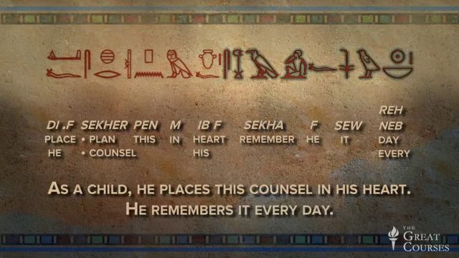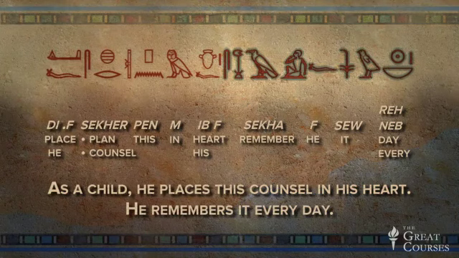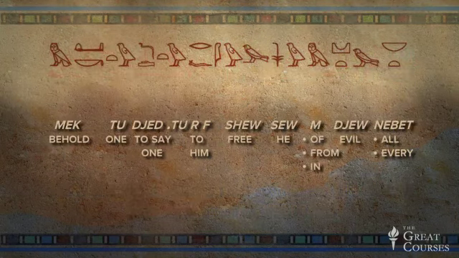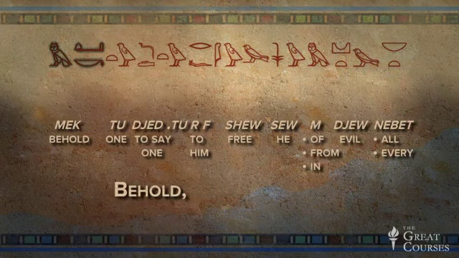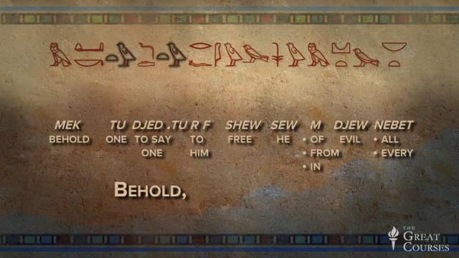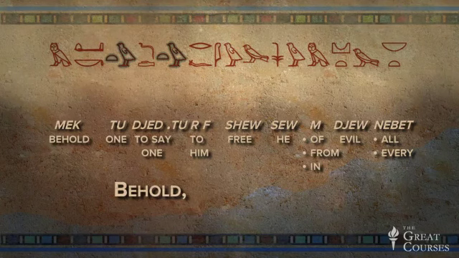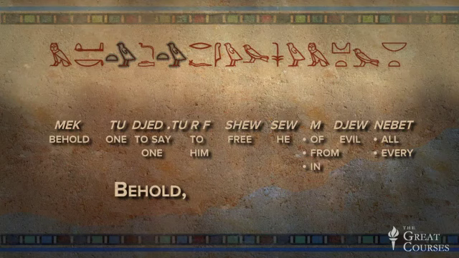Okay, he remembers it every day. Next, we have our behold. Then comes difficulty. We have the phrase with the loaf and quail chick repeated twice. We know the loaf quail chick is either passive voice or the impersonal pronoun one.